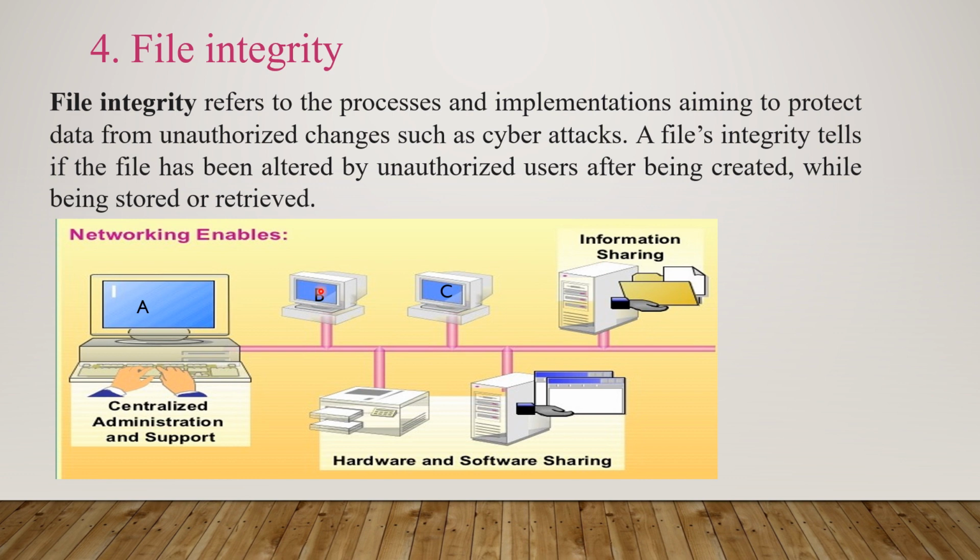But when user B and user C try to make some changes to a file that is stored in the server, at that time the server gives a message to the authorized user A that something wrong happened with the file. In this way, network provides security to the files that are stored in the server.